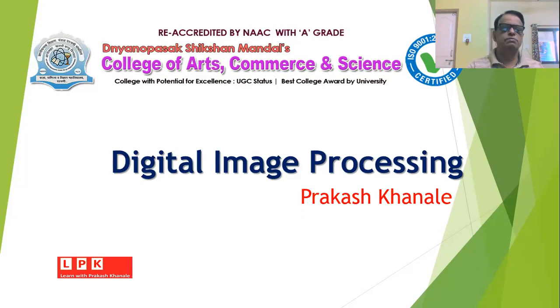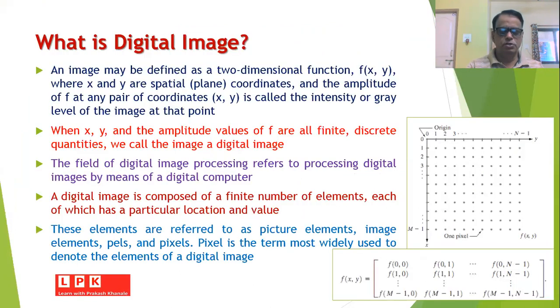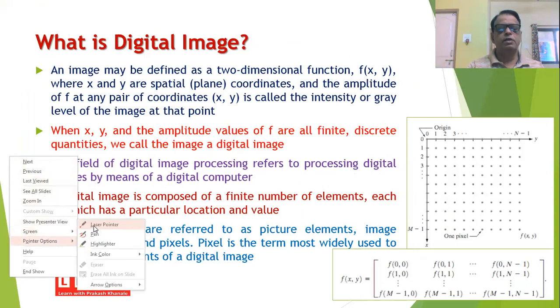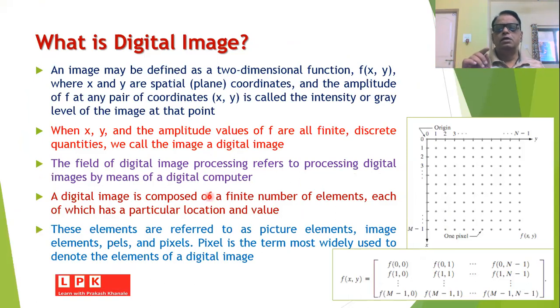So let us start the session with the question: what do we mean by a digital image? Friends, you will find that whenever you see any image that is printed on paper, the image is basically formed by a combination of various dots.